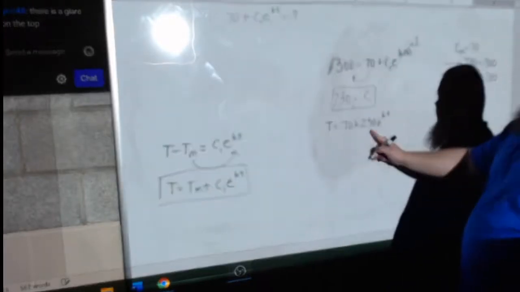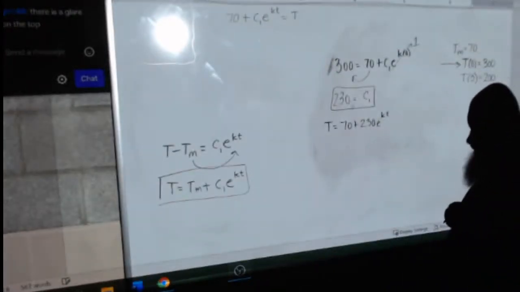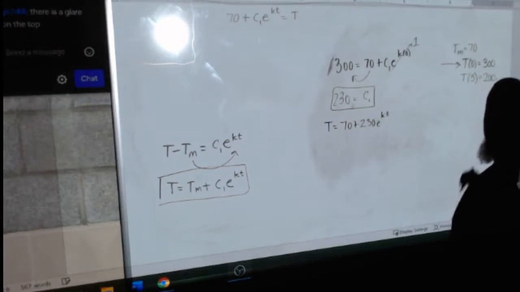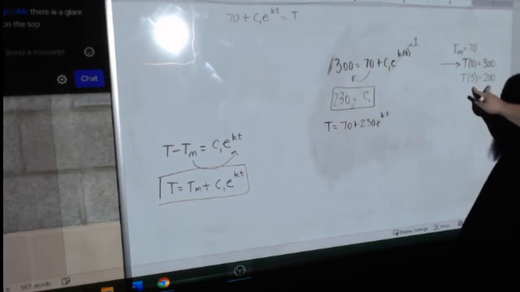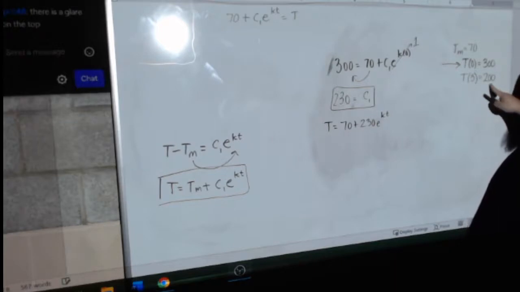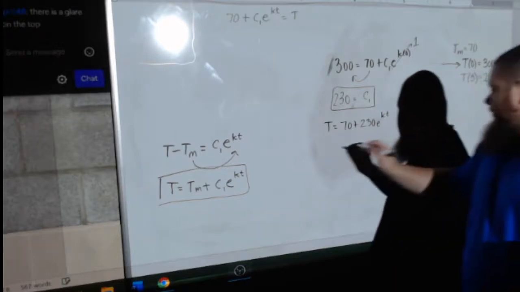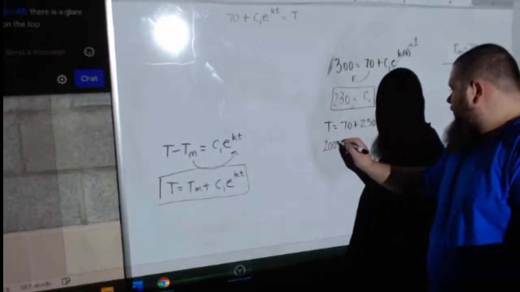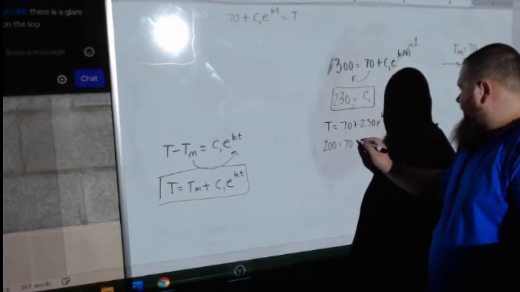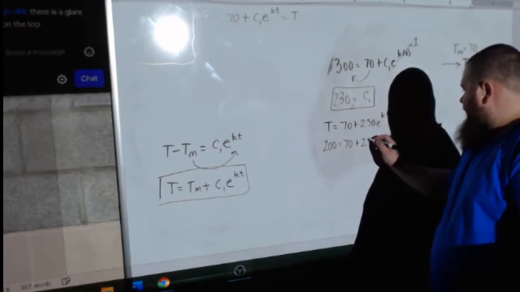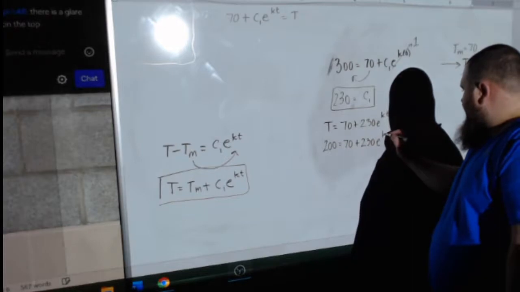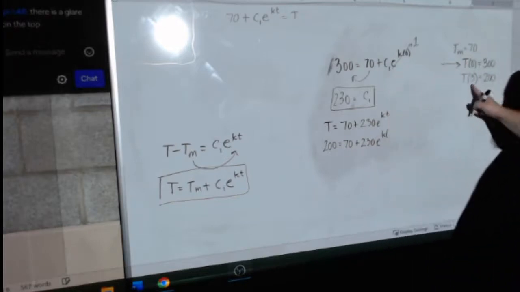So we've solved for c now. We just need to find k. We can use our other value that was given. So now the temperature is 200. That equals 70 plus 230 e to the k, and little t is 3.